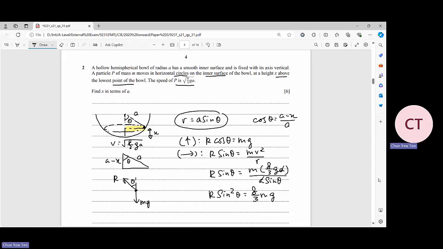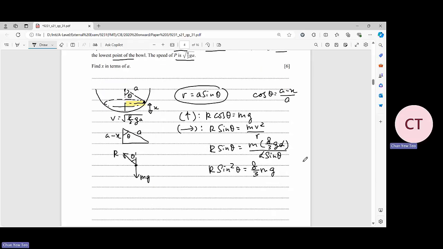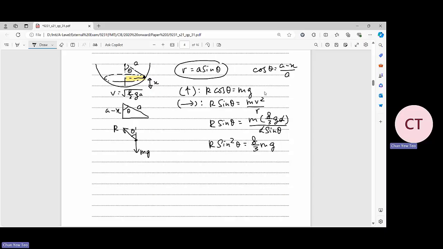So the question is looking for x in terms of a. We just need to use equation number 1 and number 2. We take number 2 divided by number 1.